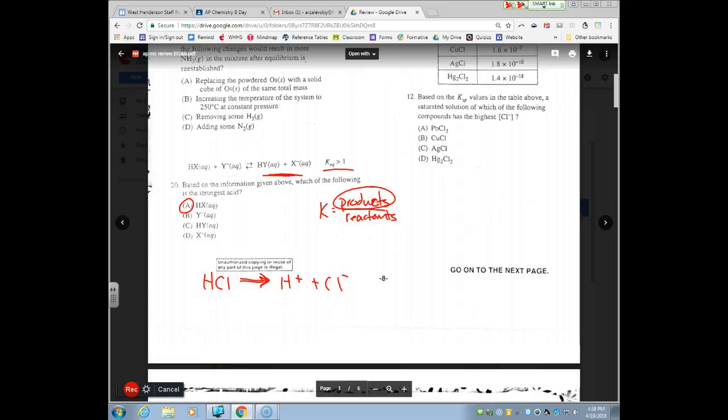So if we're talking about which one's a stronger acid, it's going to be the one that stays split up more. And since this reaction favors more products, that means this hydrogen wants to come off of what it's bonded to more than this hydrogen right here wants to come off of Y, which makes HX the strongest acid of the ones that are provided.